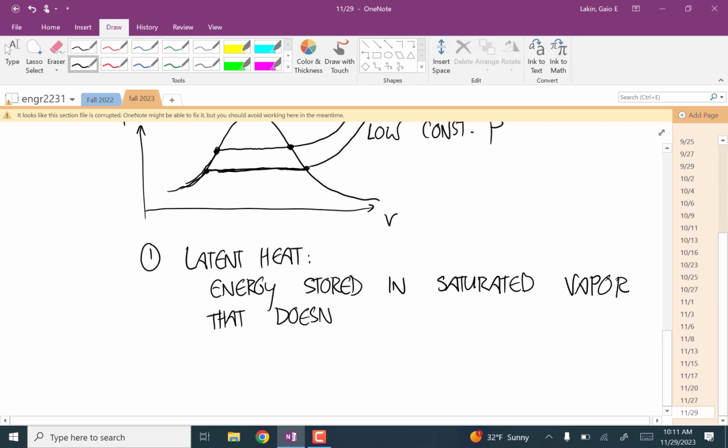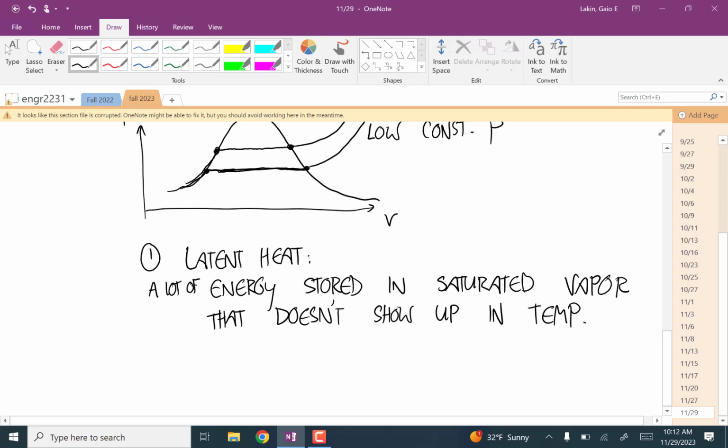That's the latent part of it. And so it's a lot of energy.